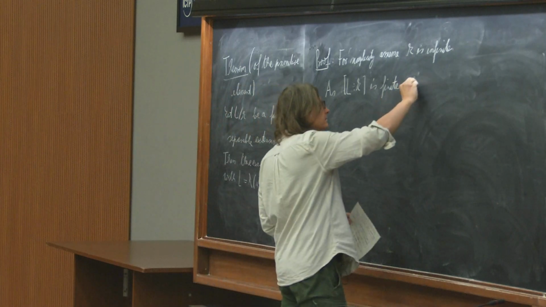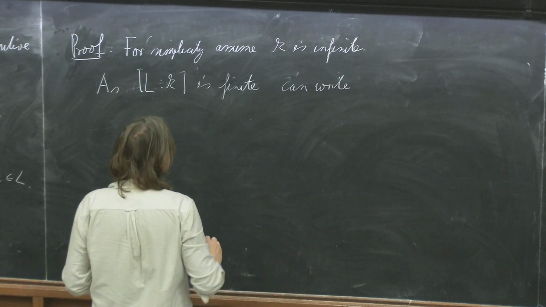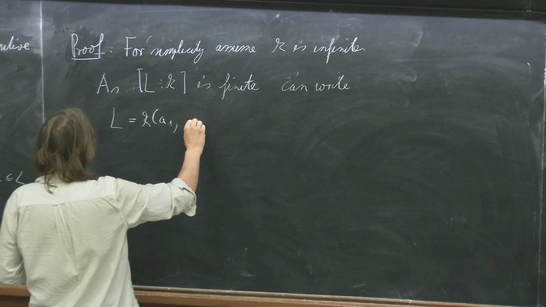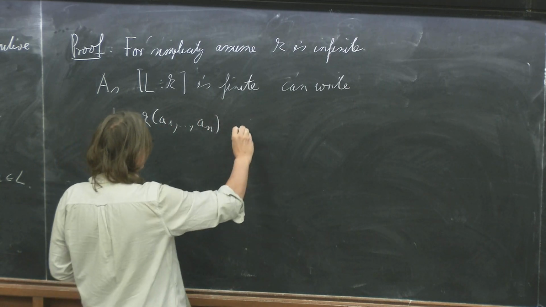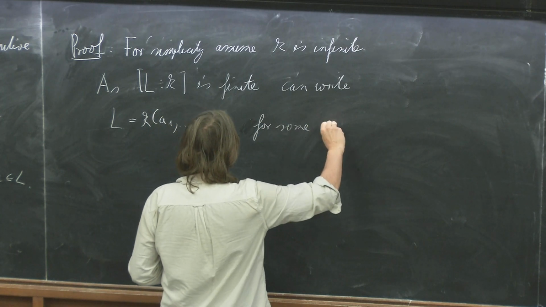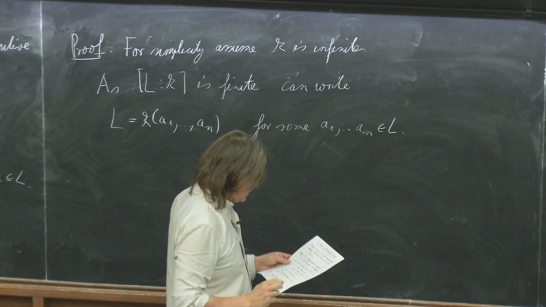So we can write L is equal to K(a1, ..., an) for some a1 to an in L, which are algebraic.